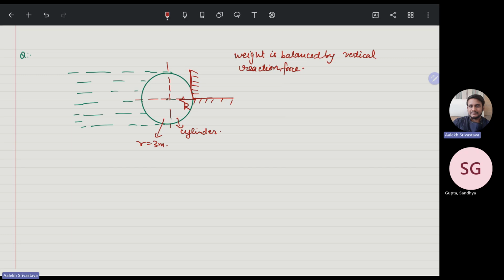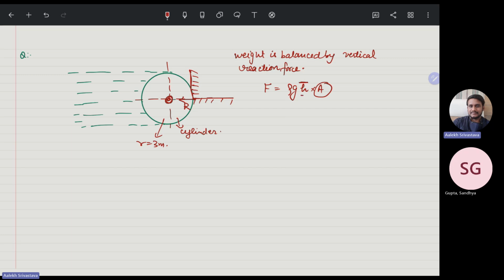So here if you see, this is a cylinder and then it is supported over a wedge and you need to find what is the reaction force. So what is the reaction force? It is rho g into the center of gravity into area. We don't know the area because we know only the diameter, and we also know the length.